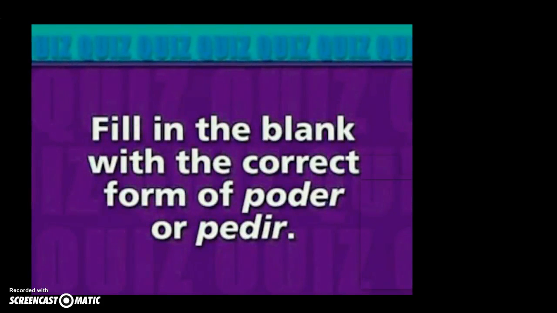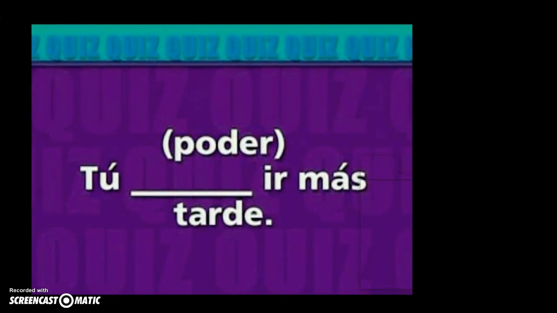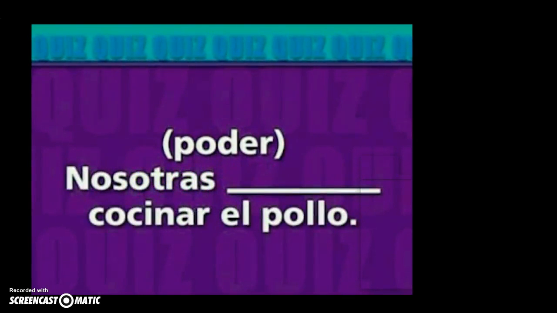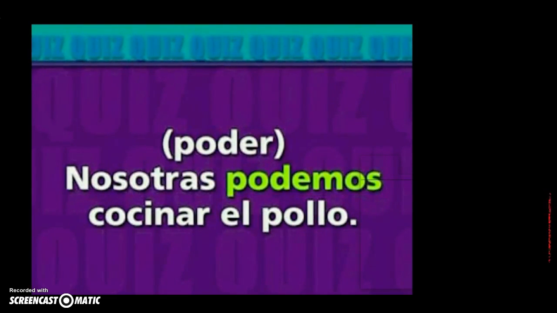Now it's your turn. Fill in the blank with the correct form of poder or pedir. Poder, tú, ir más tarde. Tú puedes ir más tarde. Poder, nosotras, cocinar el pollo. Nosotras podemos cocinar el pollo.